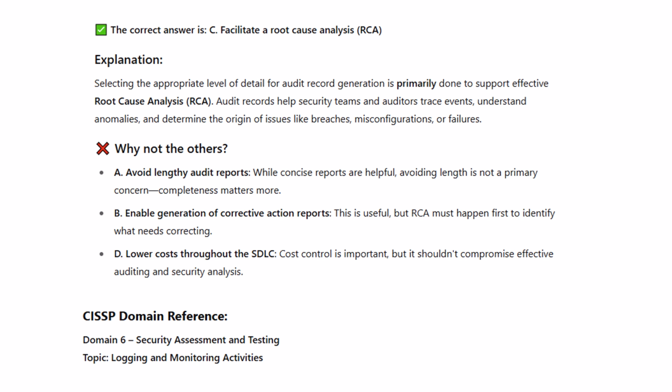The correct answer here is C. Facilitate a root cause analysis. Selecting the appropriate level of detail for audit record generation is primarily done to support effective root cause analysis. Audit records help security teams and auditors trace events, understand anomalies, and determine the origin of issues like breaches, misconfigurations, or failures.